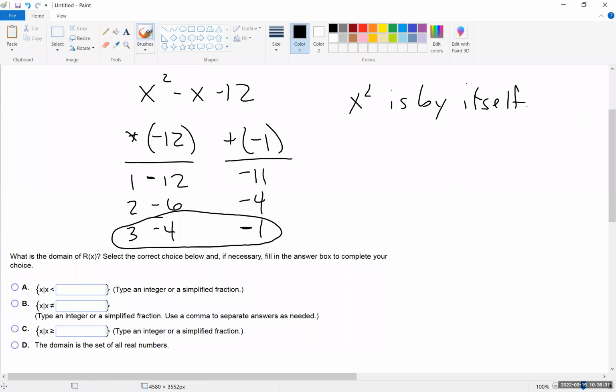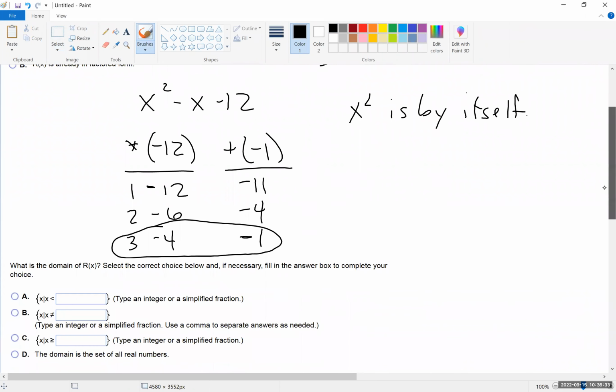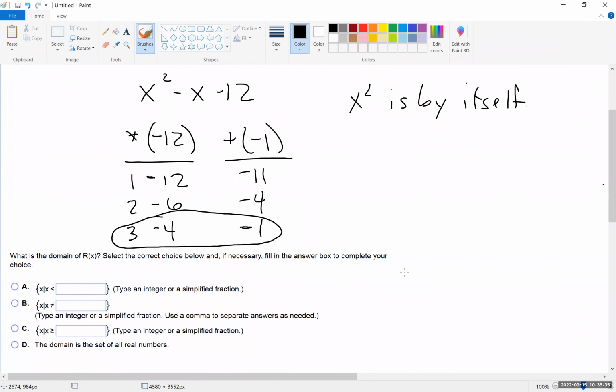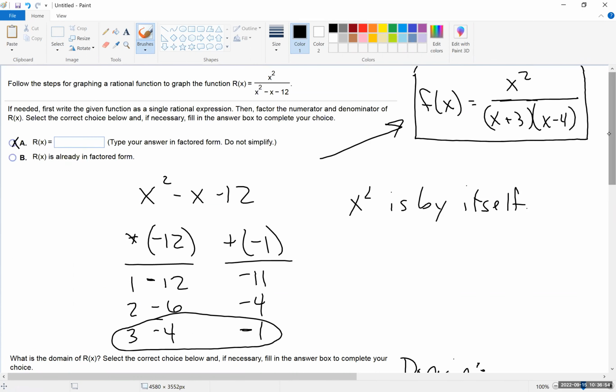Okay. So anytime you're finding domain on these rational functions, I'm only going to talk about domain in this context. Domain of a rational function, you set the denominator not equal to 0. Because in a rational function, you always have division. Otherwise, it's not a rational function.